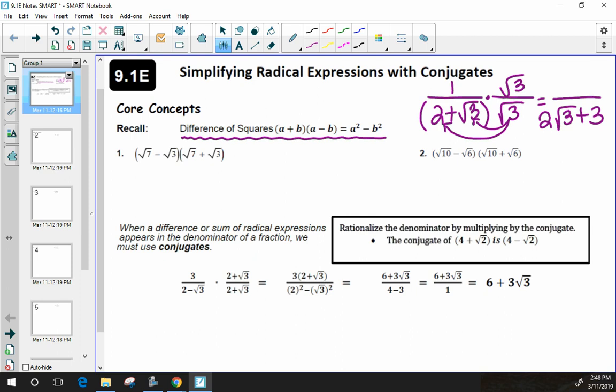And we've done difference of squares before, okay? We know that when we multiply the same two numbers, added and subtracted, what you now will know are called conjugates, right? We talked a lot about difference of squares. We didn't really talk a lot about the word conjugates, but difference of squares, these two binomials, they're conjugates of each other, okay? These are conjugates right here.